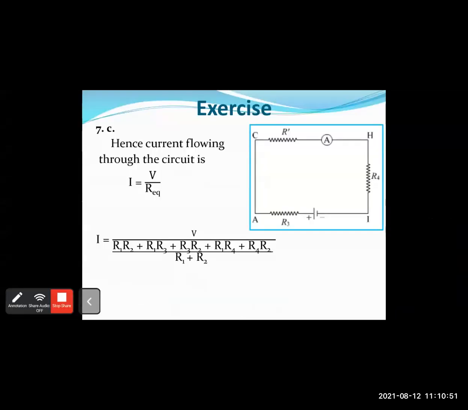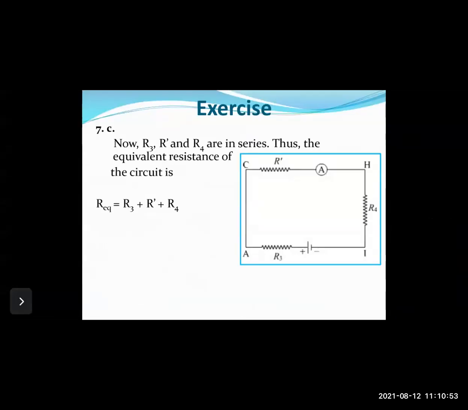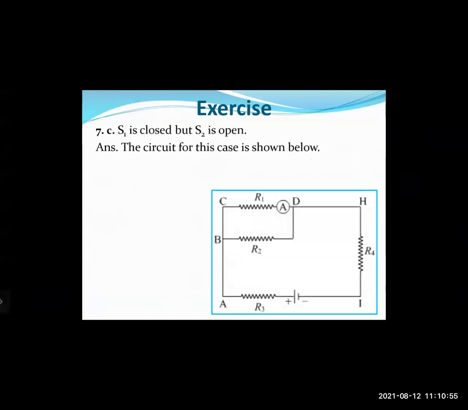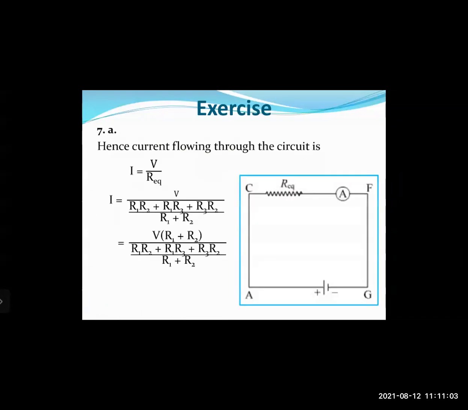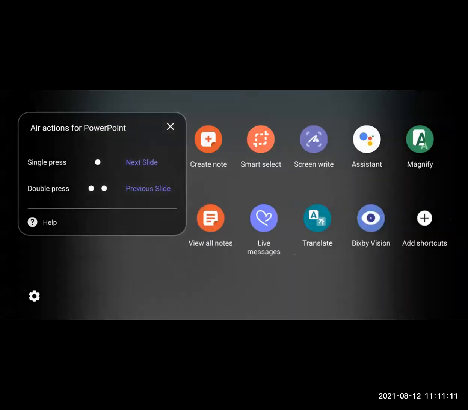Right. Now, if you go back slightly, in this equation there is a very tiny mistake that I will just point out to you.